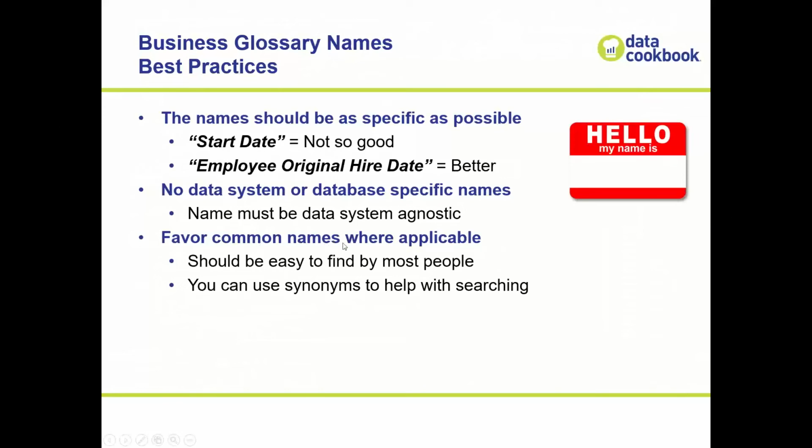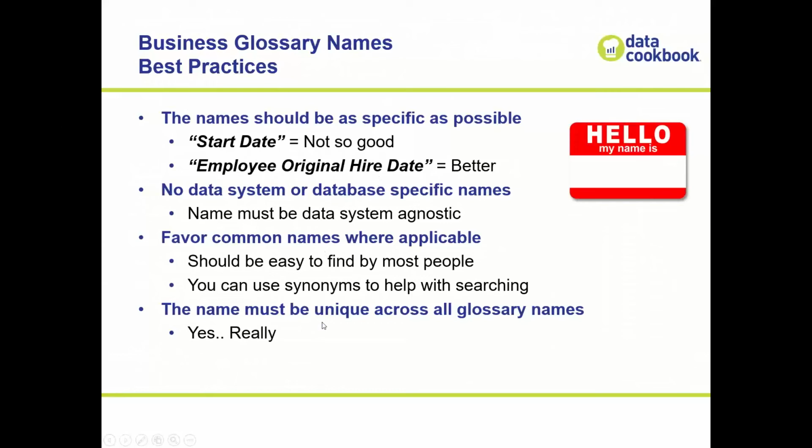If you've got special abbreviations and codes for things, I highly recommend, and we'll talk about this a little later, having synonyms or common names as attributes of your definition, so that for searching or discovery, if someone's looking for employee original hire date, you might have a common name of start date, so that it's discoverable in a search, right? But the actual name of it should be very specific.